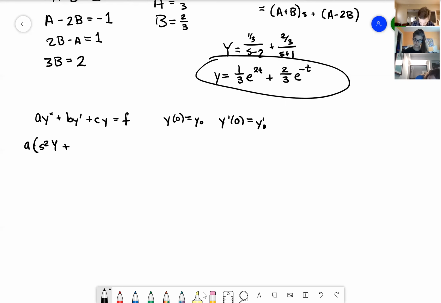So I have a times (s squared Y minus s y(0) minus y'(0)) plus b times (sY minus y(0)) plus cY equals, and then for the Laplace transform of little f, I'm going to write big F.